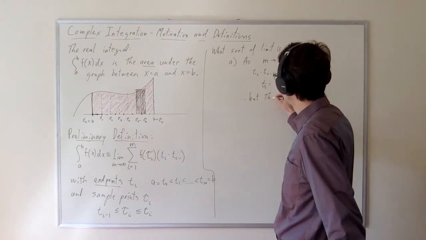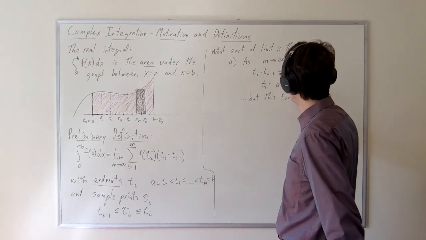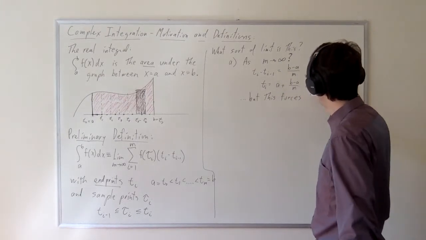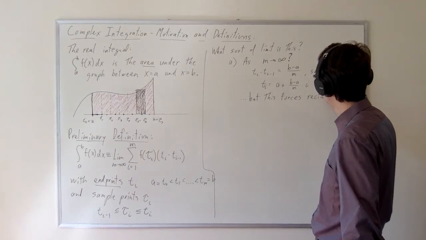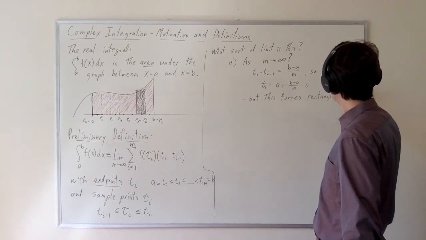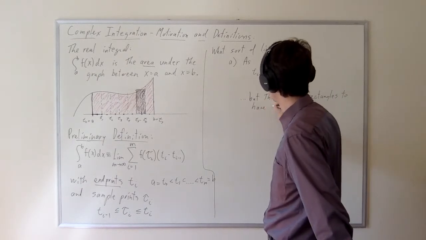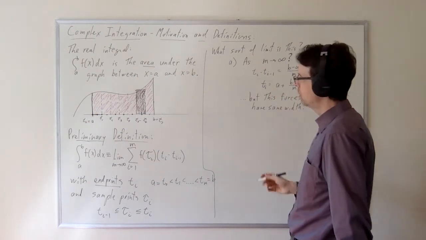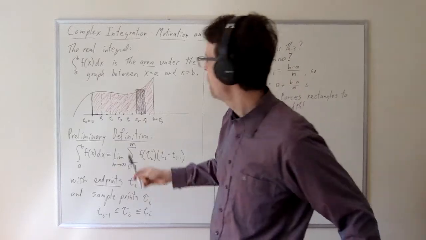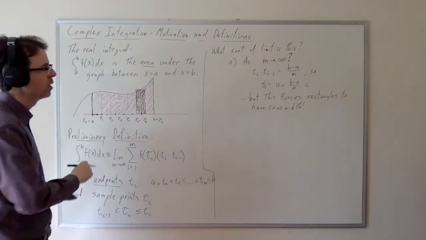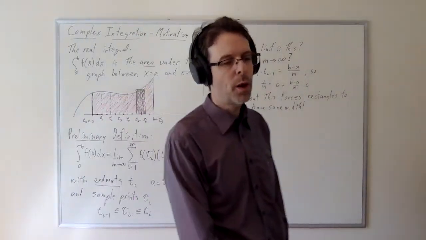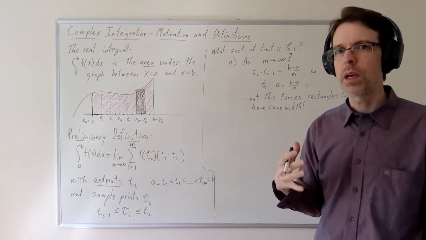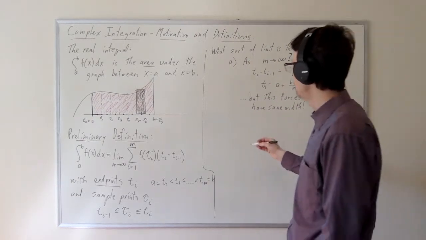So this forces the rectangles to all be the same width. Now, that doesn't immediately seem like a problem. Why not force all the rectangles to be the same width? Well, because a few problems are much easier to calculate if we allow the rectangles to have unequal widths.